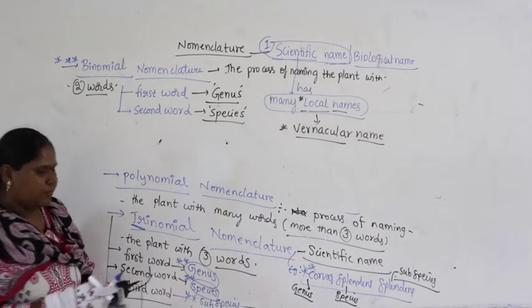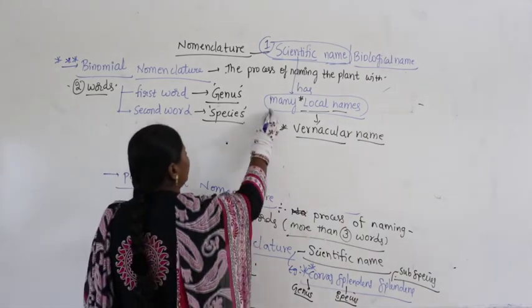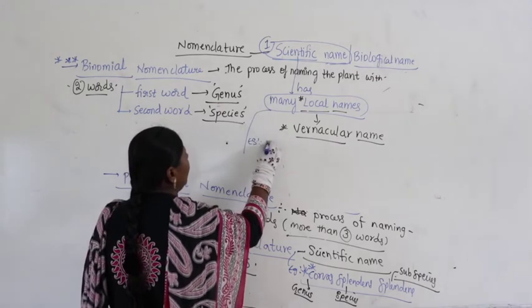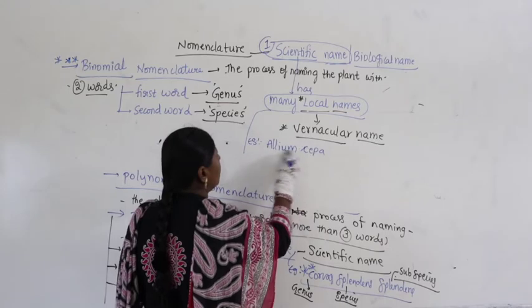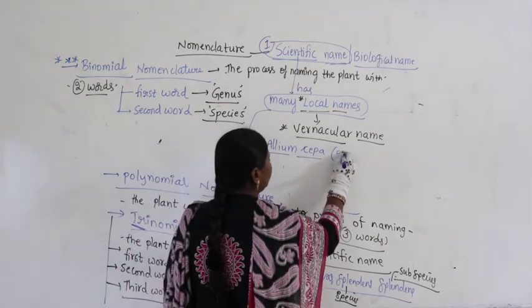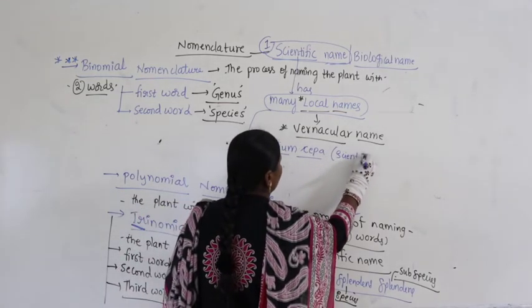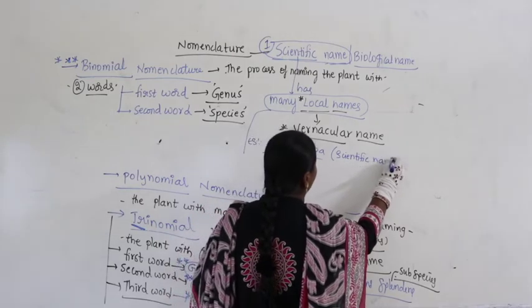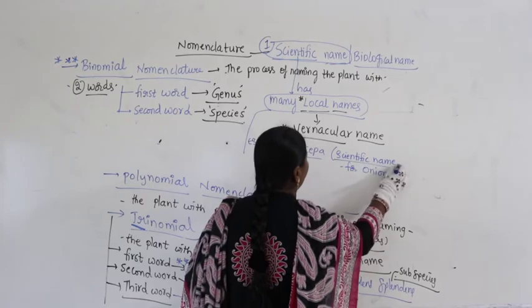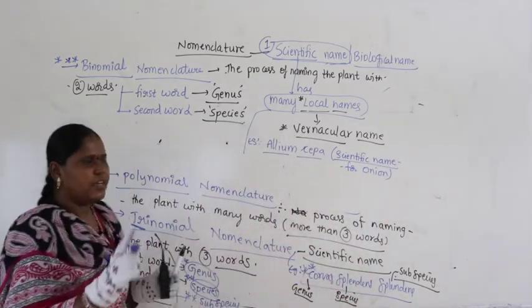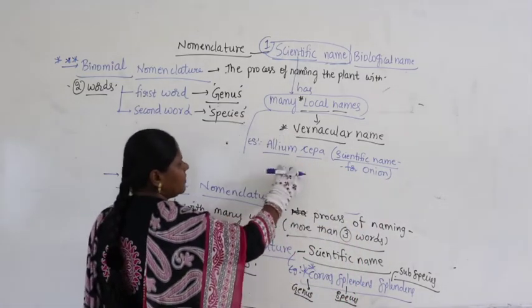For example, I am just giving you here Allium cepa. What is Allium cepa here? It's a scientific name for onion. We all know that. We have only one scientific name called Allium cepa.